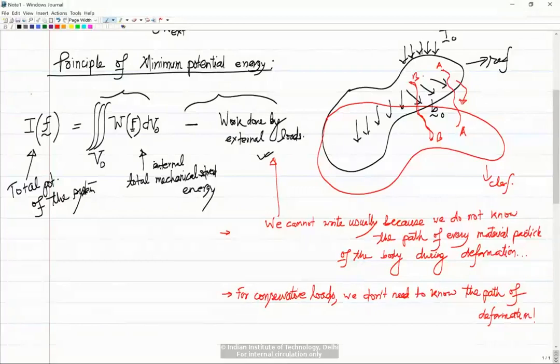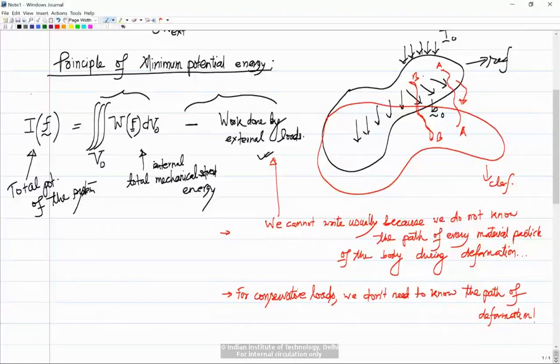Because when you do that integration, F dot dr over the path, F is constant, it comes out of the integration. So you just have F dot integration of dr, which is simply F dot final position minus initial position, right? So constant force is one of such examples which comes under conservative load.